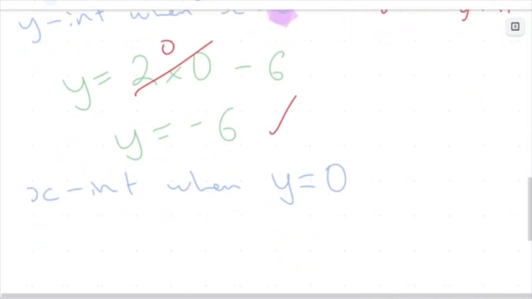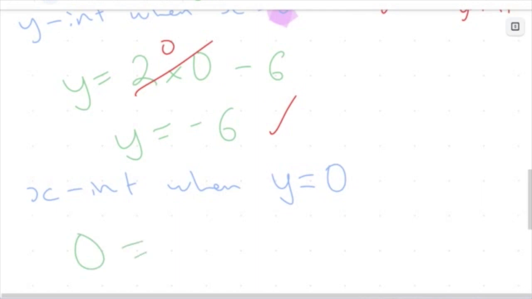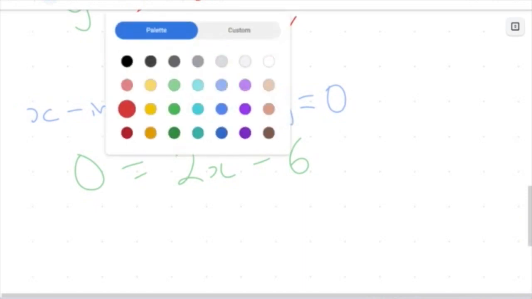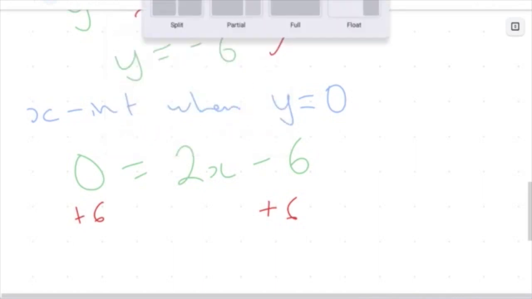So I get 0 equals 2x minus 6. And now I want to solve this equation. So 2x, if I subtract 6 from that, I get 0.